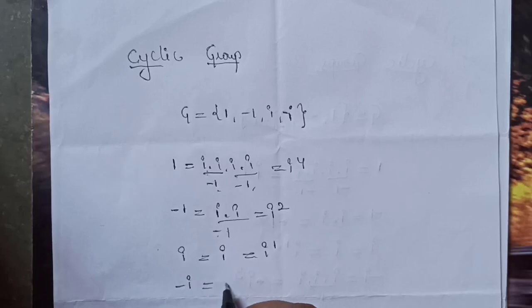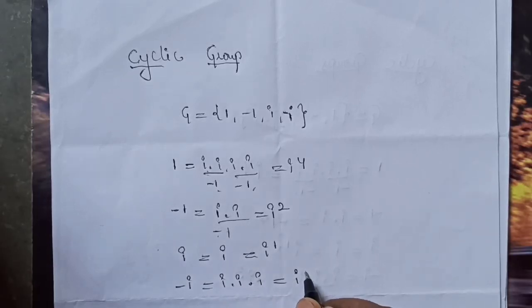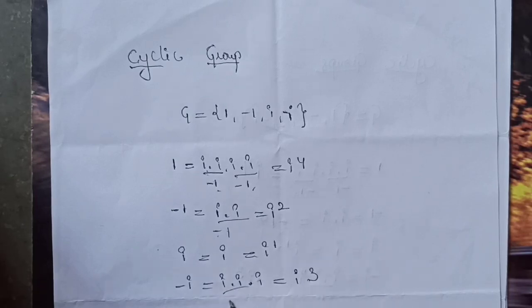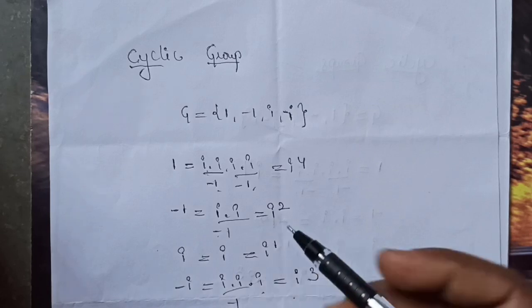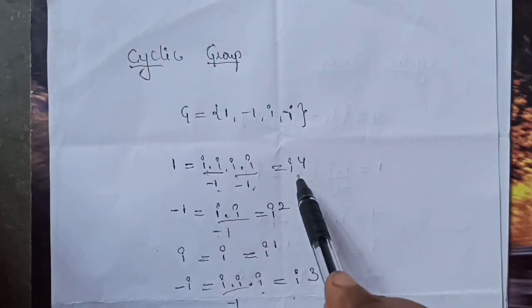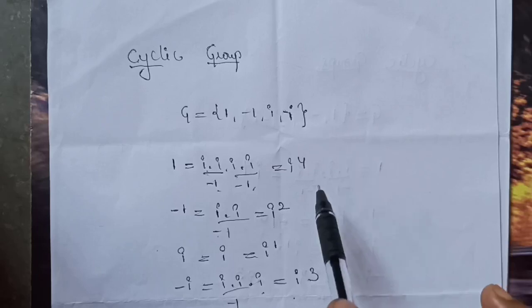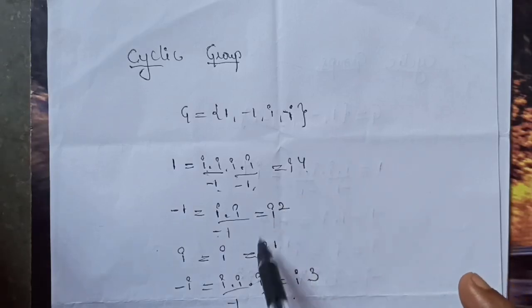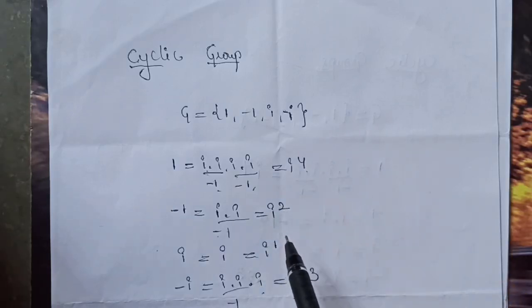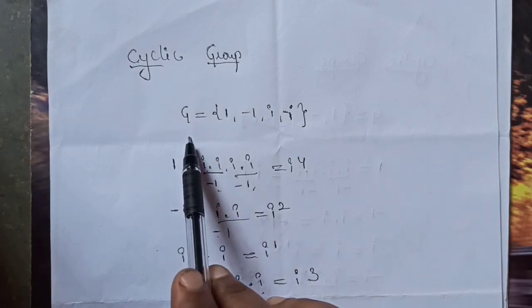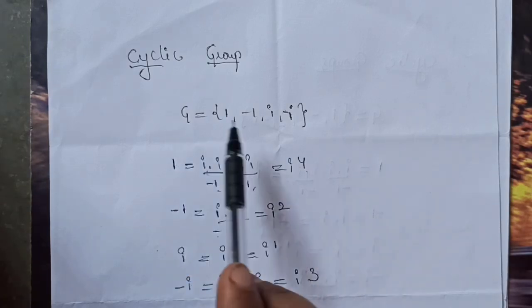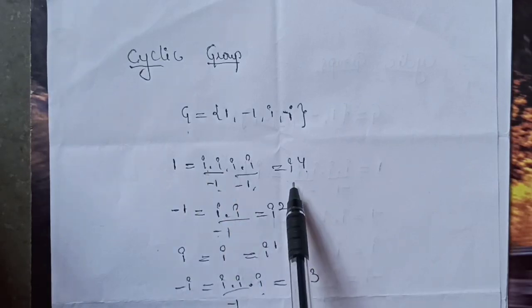Minus i can be written as i cube, because i square equals -1, and -1 into i equals -i, that is i cube. Therefore all the elements are written in terms of i powers. The powers may be different, but the base is i only. So this i is called the generator of G, or G is the cyclic group which is generated by i.